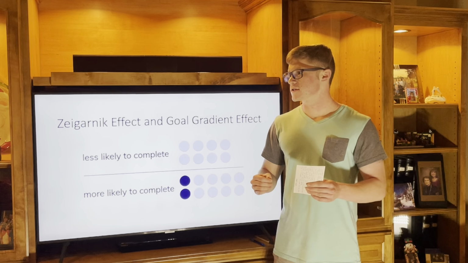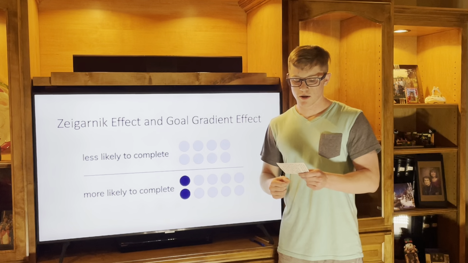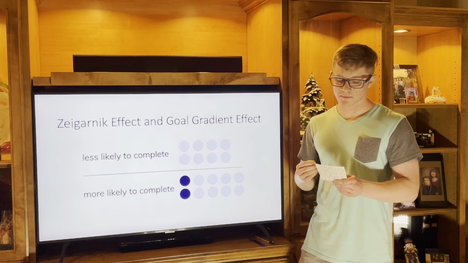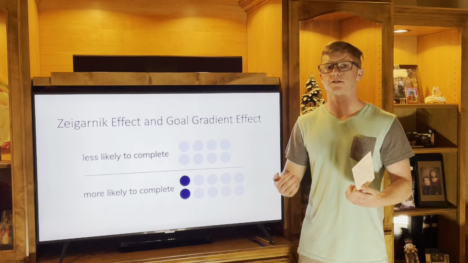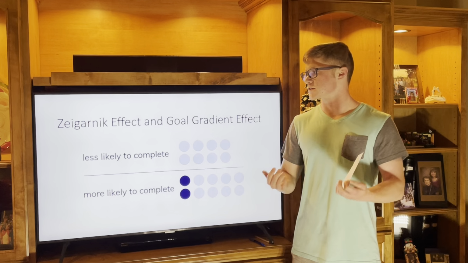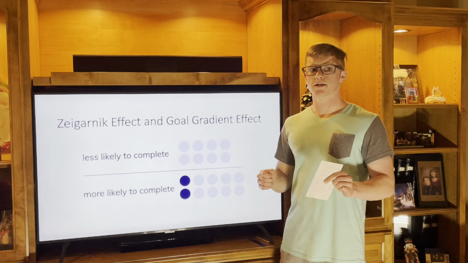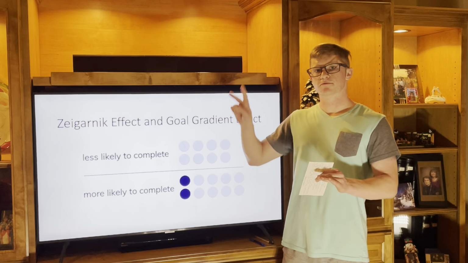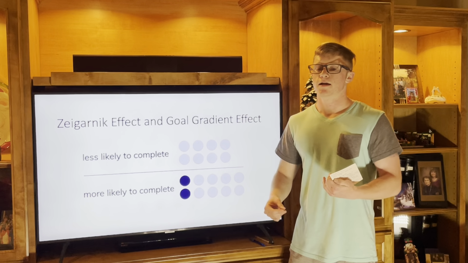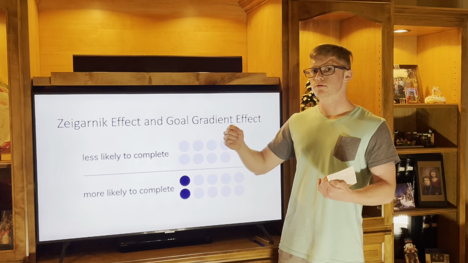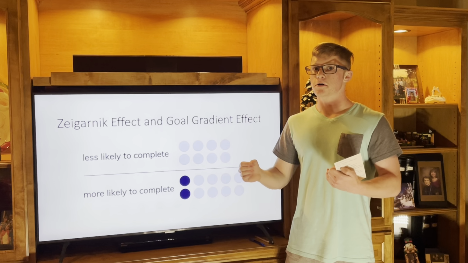And this is important because it ties right in with the goal gradient effect, which is once something is started, people tend to want to finish it. You don't want to leave things unfinished. You don't feel satisfied when it's unfinished. So one thing that should be important to teach kids is that these types of lists can be made intentional to manipulate us, in the sense that steps 1 and 2 can be really easy, while steps 3 through 5 can be really hard.